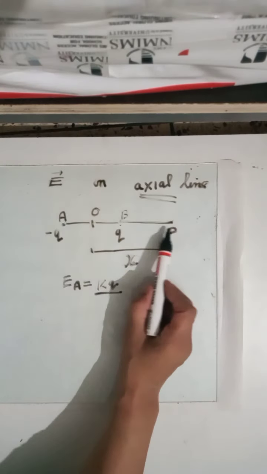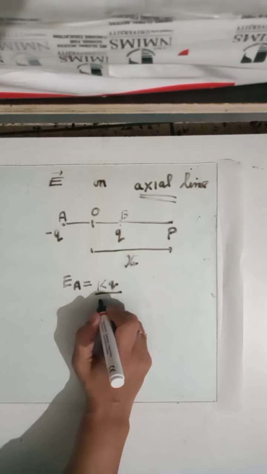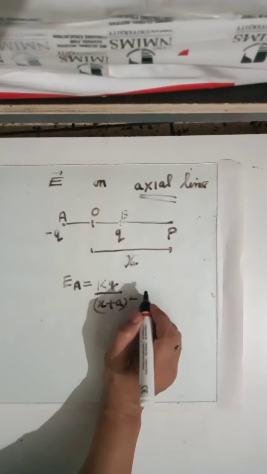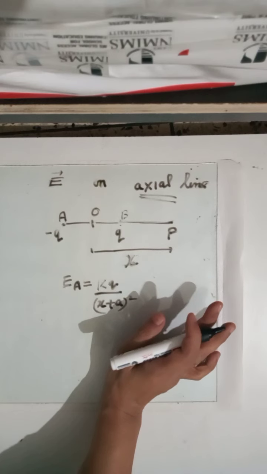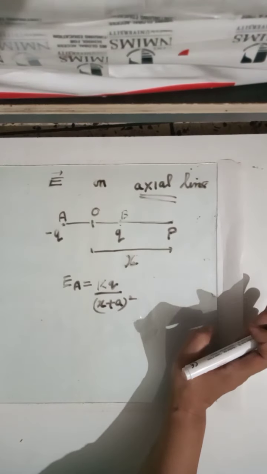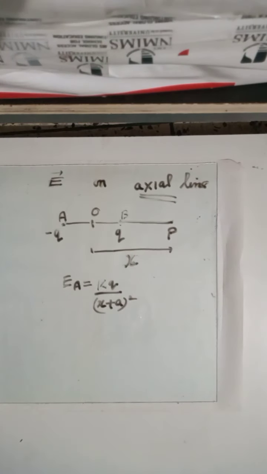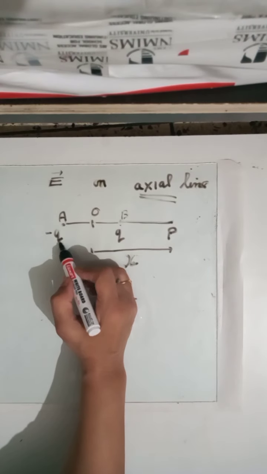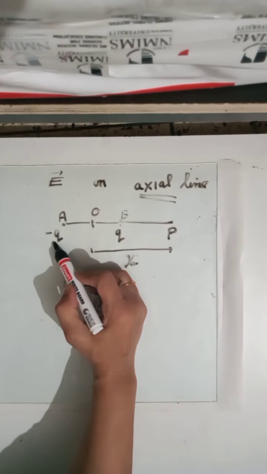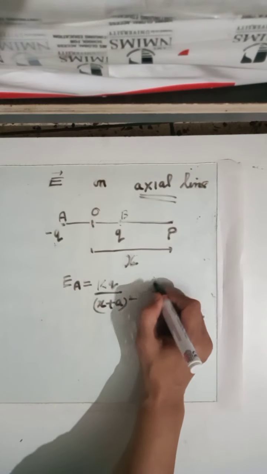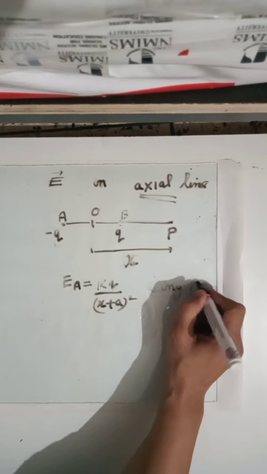From A to P, that means X plus A whole square. And what will be the direction? You know that the direction of the electric field is always away from the positive charge and towards the negative charge. Because this is a negative charge, it will be from P to A. So you will write here along PA.